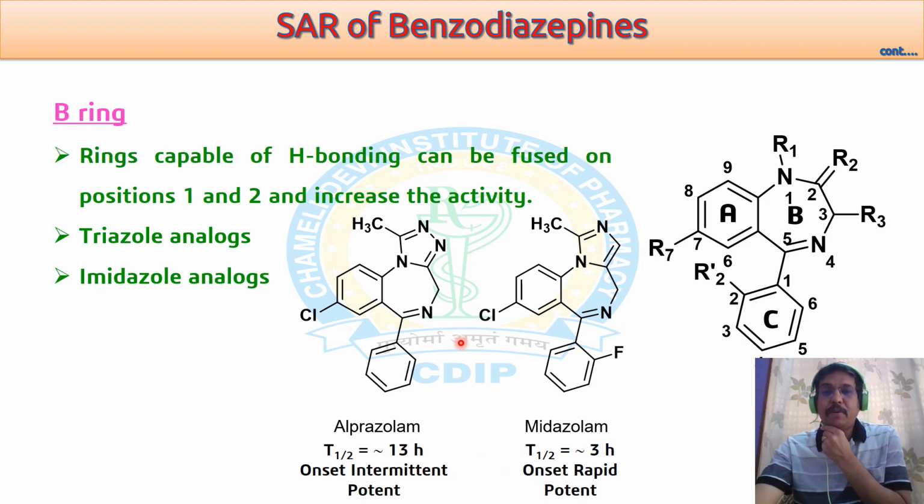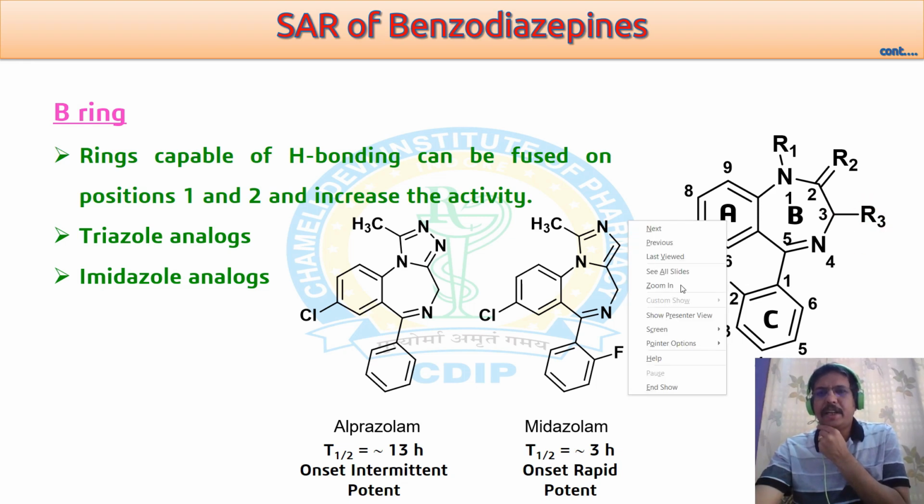And if you look at the potency, alprazolam is quite potent when we compare with clonazepam or diazepam. Generally, another possibility is that we can go for modification on the C3 position, in the form of the R3 group. So take a look at that.